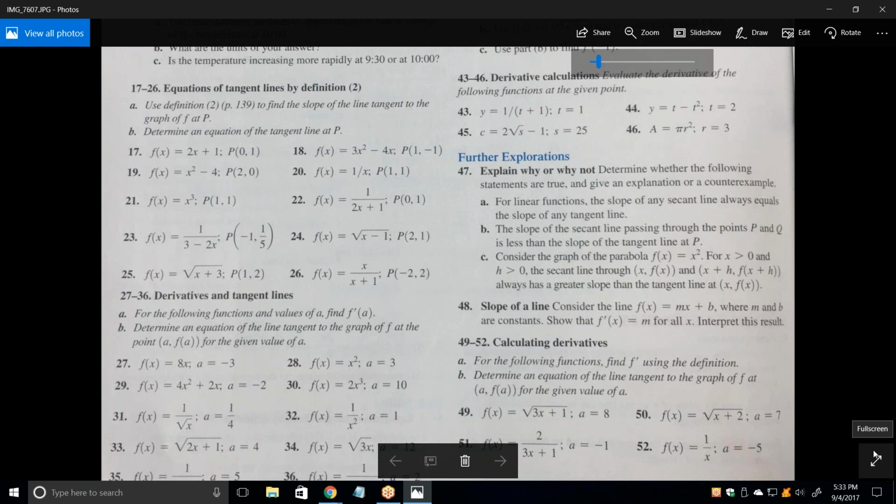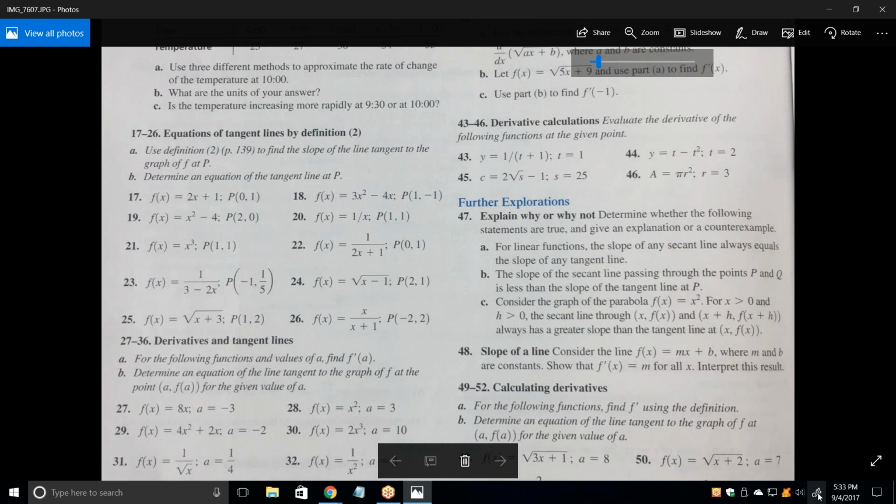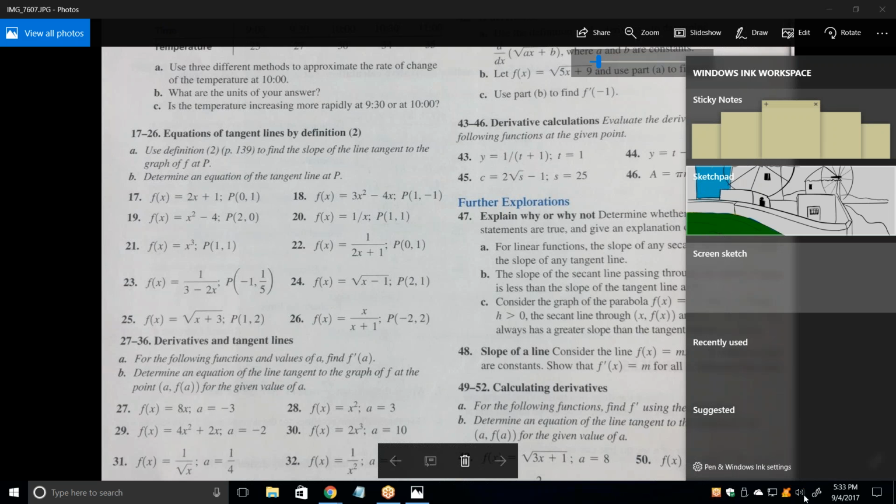19? Yes. Okay. You're going to have to go to page 139 and tell me what their second definition is. Or I'll tell you what I think it is. What do you think it is? Hold on a second, I got to write on this.